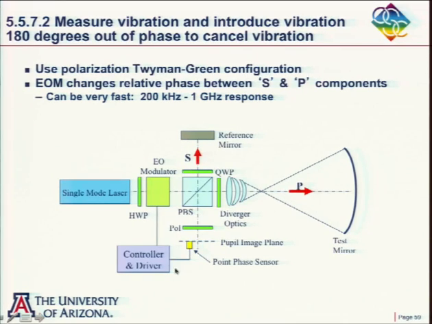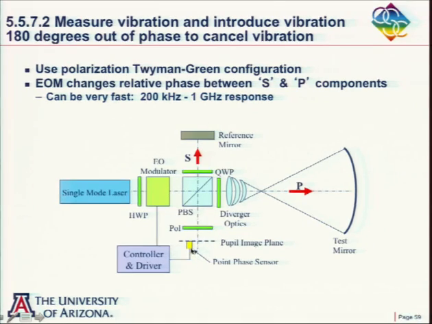For right now, let's just assume that I can measure the phase difference between the 2 beams at a point. Not across the whole pupil, but at a point here. And then I'm going to use regular phase shifting to get the measurement over the whole area here.